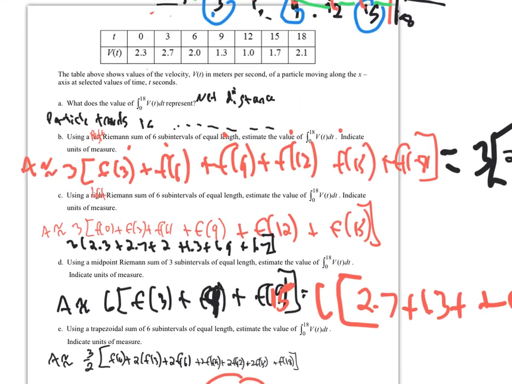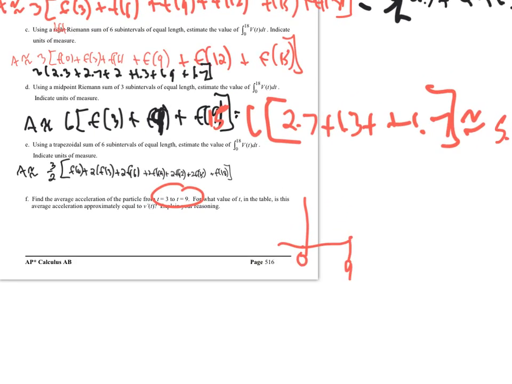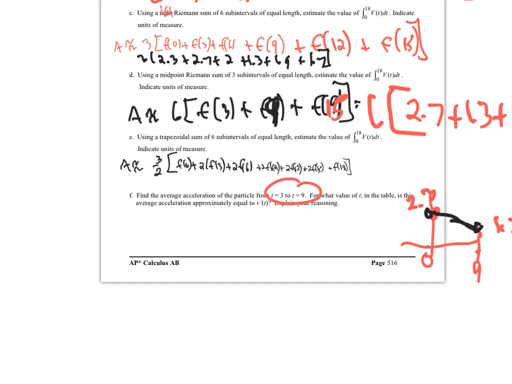At 0, 2.3, and 9 was 1.3. So when you do average derivative, it's always just the slope of the secant line that connects the endpoints.